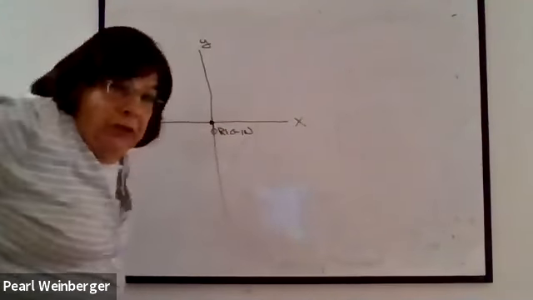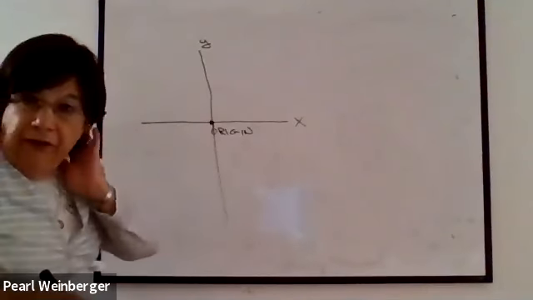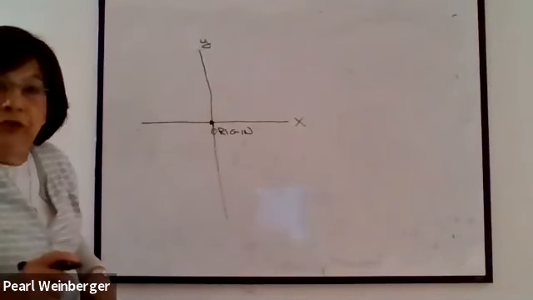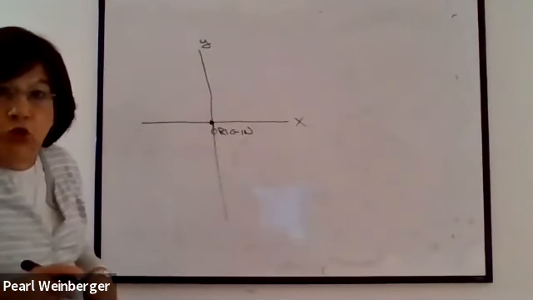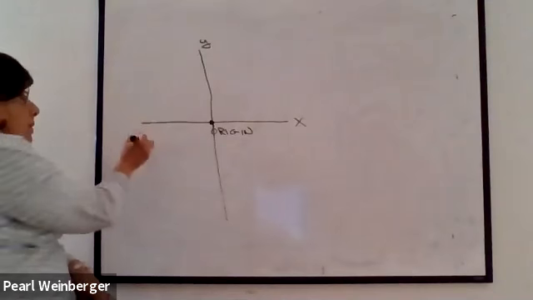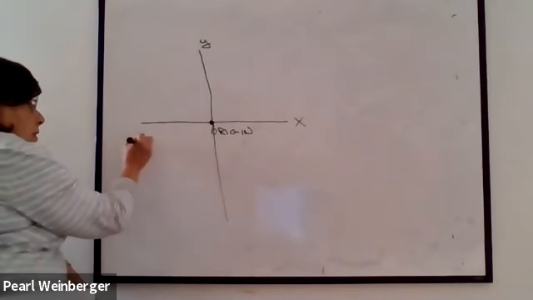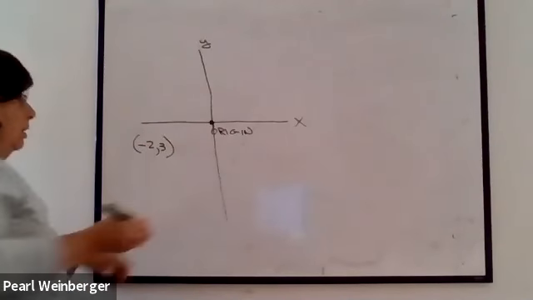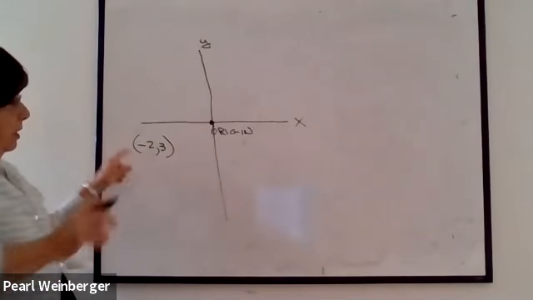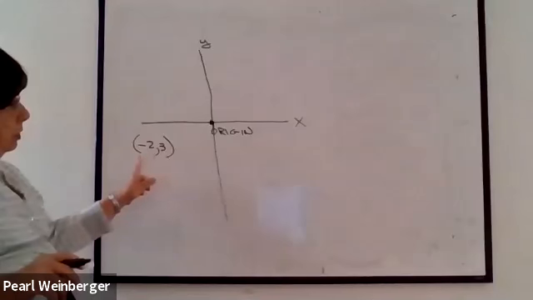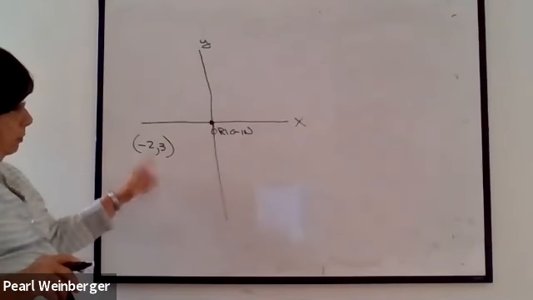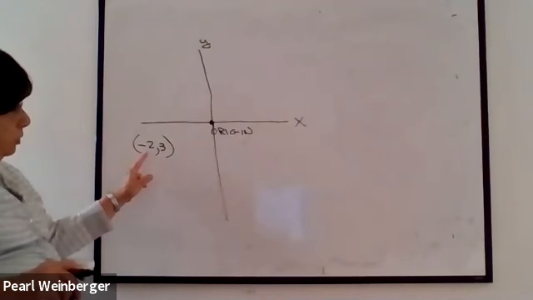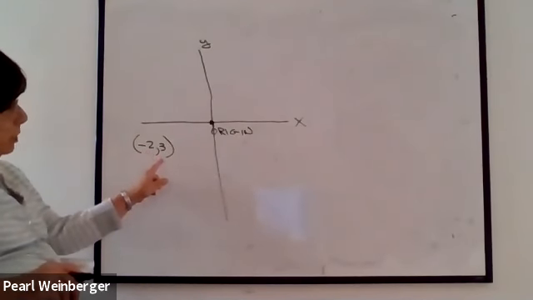To graph something, a point has to have two numbers, something called two coordinates. Something like this. Let's say I have -2, +3. This is what's called an ordered pair of numbers. Ordered because it's very important which number comes first and which number comes second.